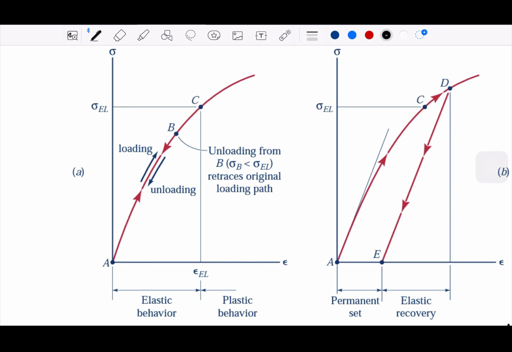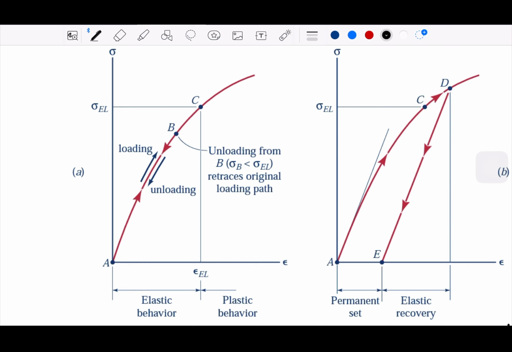In the curve, from A to some point C, it's still in the elastic behavior. Perhaps this is aluminum, because it's not showing any yielding like steel.